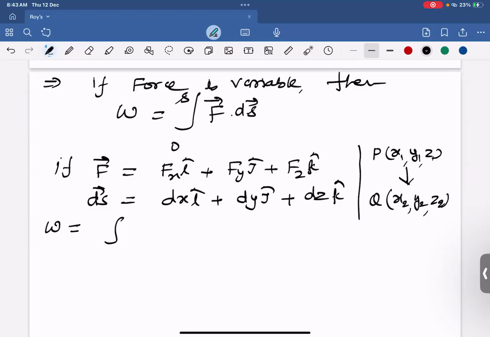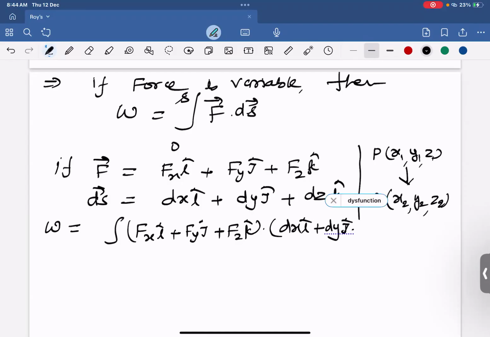So if I write this F dot ds concept, this is Fx i cap plus Fy j cap plus Fz k cap dot dx i cap plus dy j cap plus dz k cap. And the limit will be, the first point is x1, y1, z1, and the other point is x2, y2, z2.